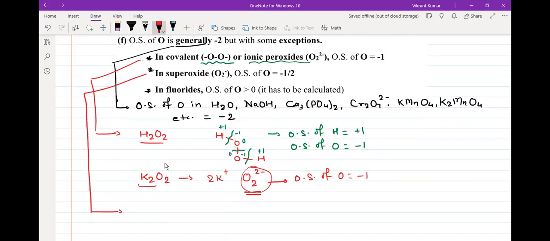Is it okay? Let's talk about superoxide. Superoxide में जैसे एग्जांपल है, if I say KO2, can you tell me K plus अलग किया तो बाकी क्या बचा? O2 minus. This is called superoxide.